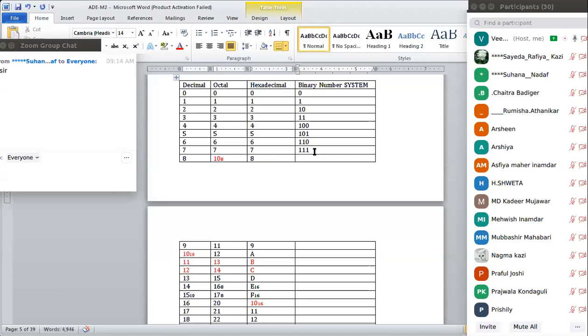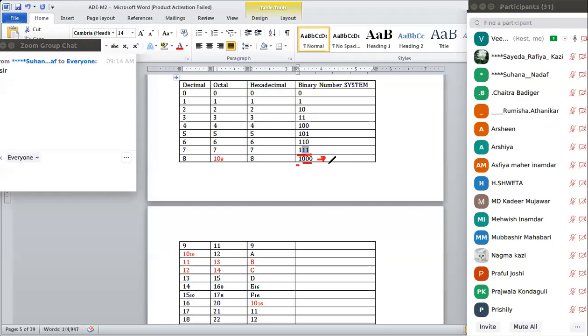So what I will write is 1 0 0 0. So these three bits are made 0 0 0, and one extra bit has been taken, combined with these 3 bits. So that will give me the output of 8 if I convert this into hexadecimal or decimal number.